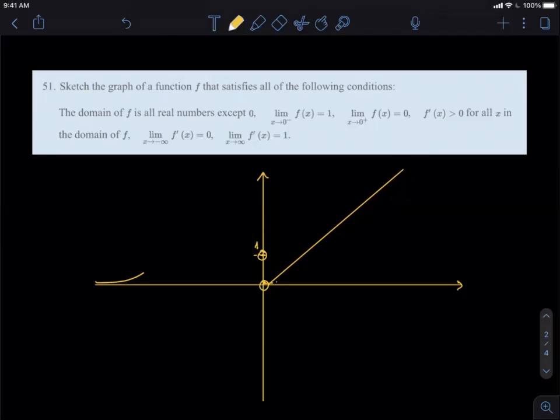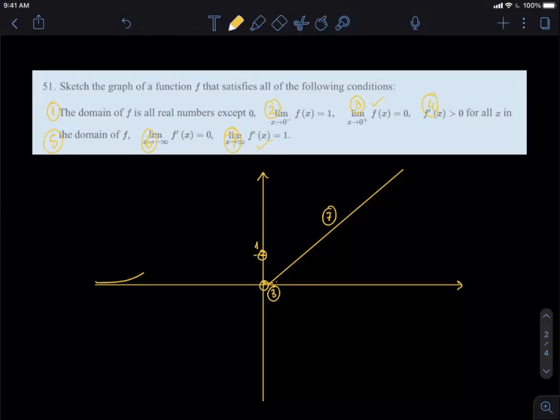That if I number the conditions, 1, 2, 3, 4, 5, 6, 7. So this would be condition 7. It would also be condition 3. So those two are done.